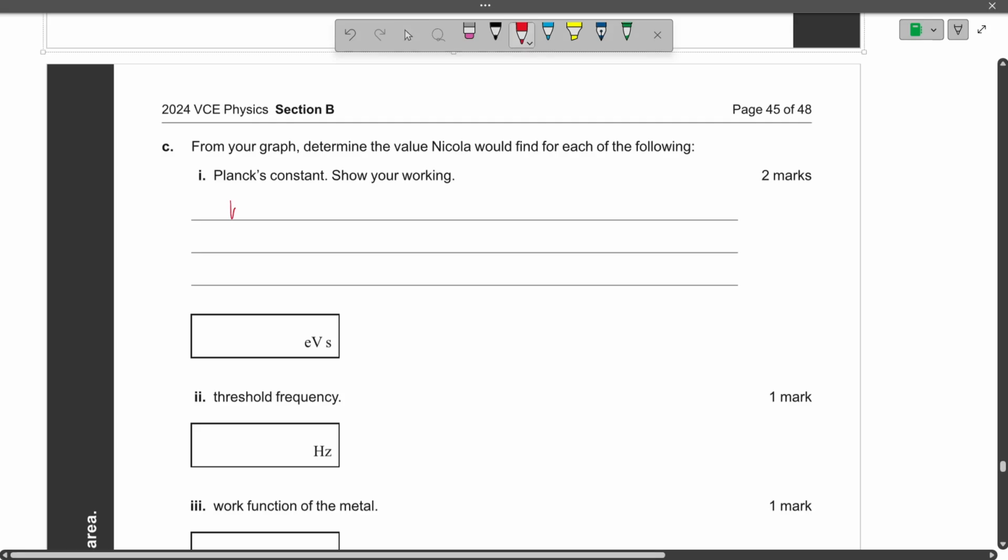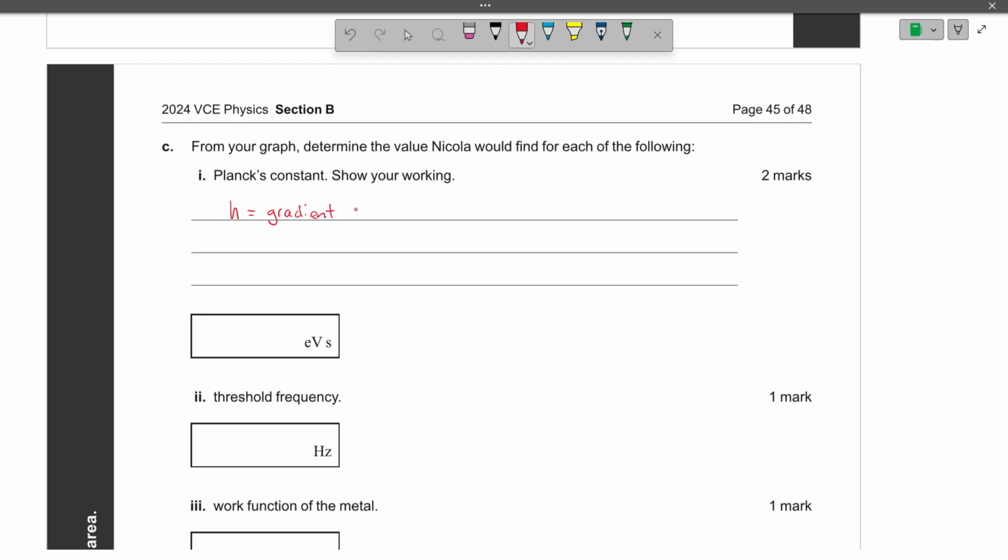So I'm going to say that h is the gradient of the graph, which is approximately equal to, because we're probably rounding this, y2 minus y1 over x2 minus x1.